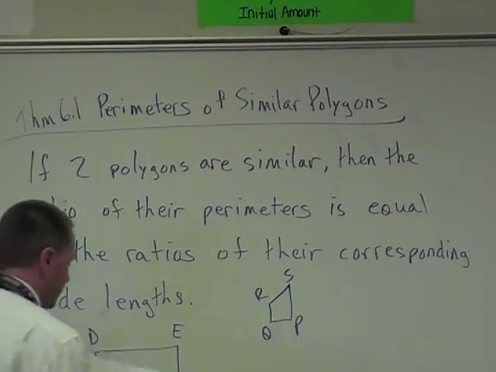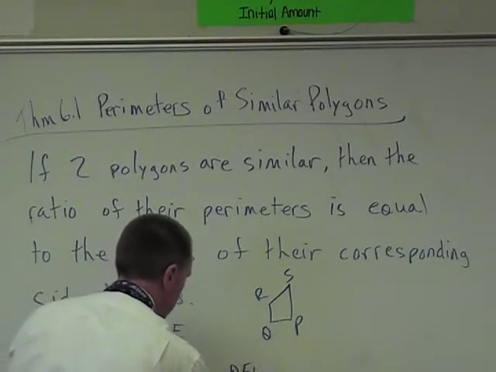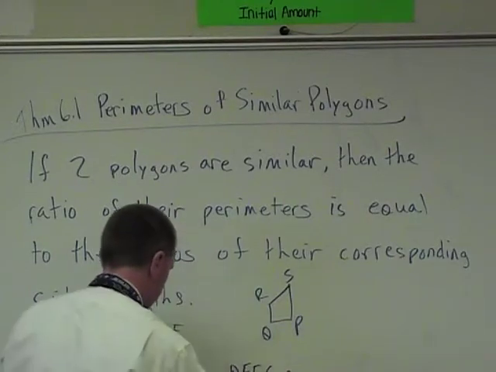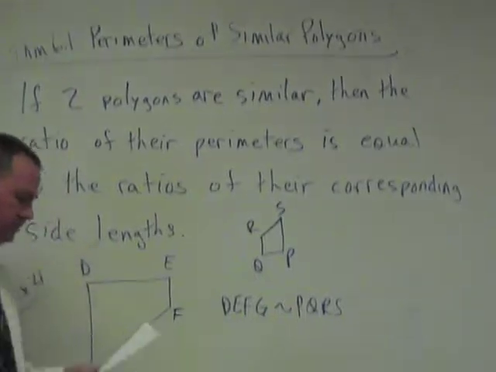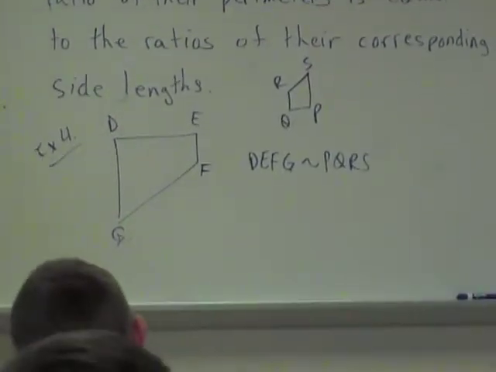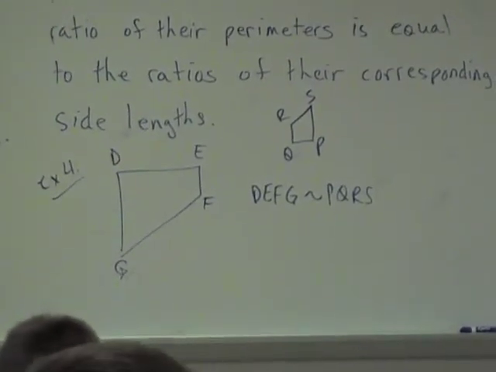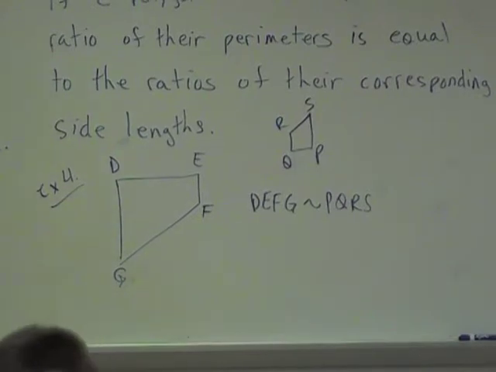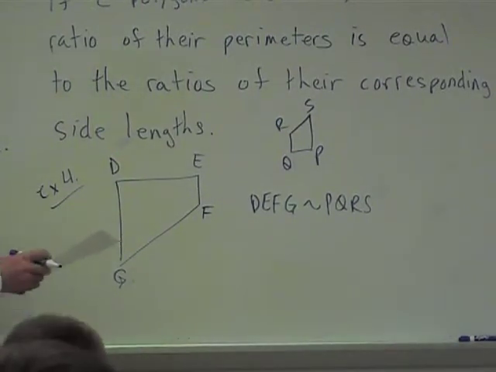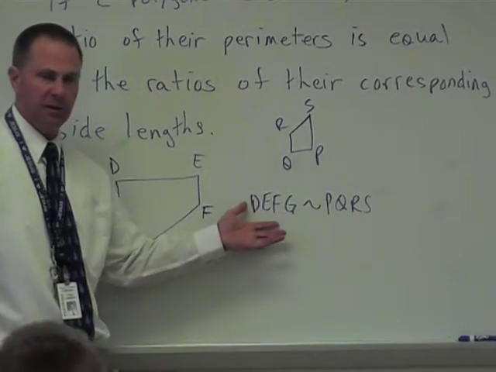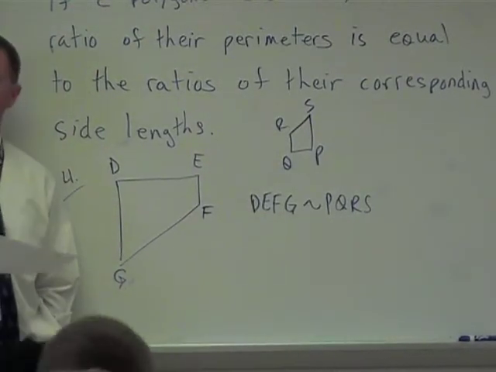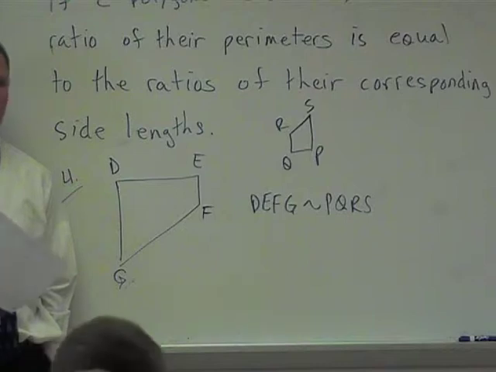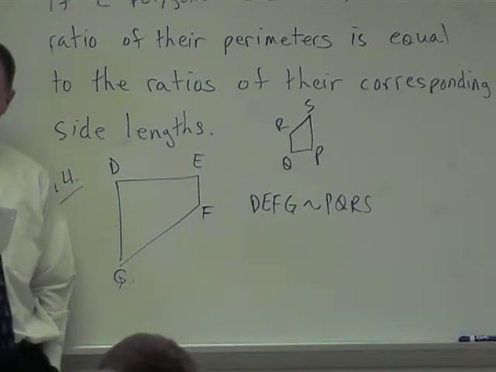And what it says is DEFG is similar to PQRS. So you're gonna write similarity statements. This right here is a similarity statement, but you're gonna write similarity statements about their angles and then also proportions for their sides.